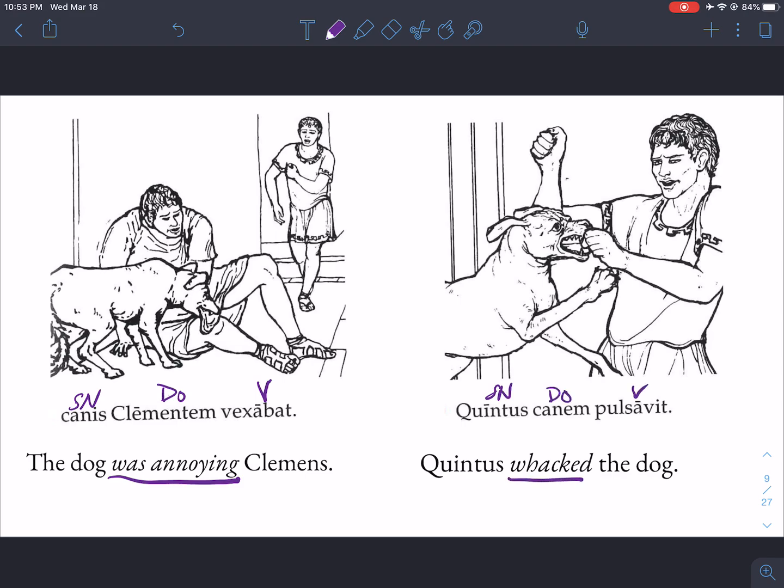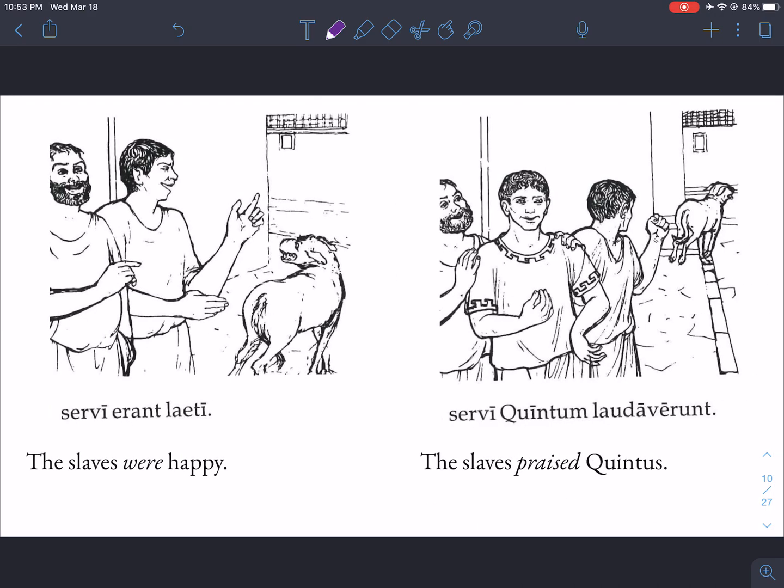Okay, whacked. The slaves were happy. And the slaves praised Quintus. Okay, so those were the sentences with their translations.